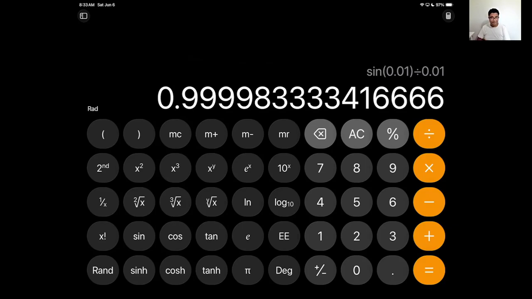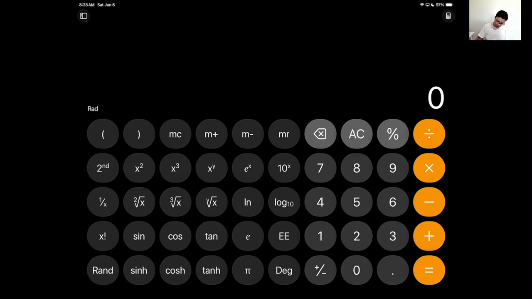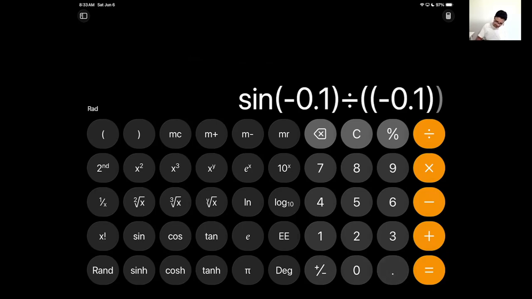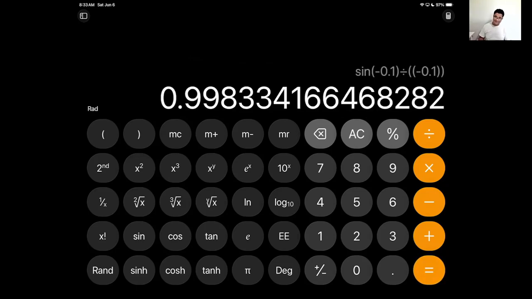By the way, that I took from the right. This is x approaching 0 from the right. You could do the other way around, take minus 0.1 and divide by minus 0.1. As I said, that should not be surprising.